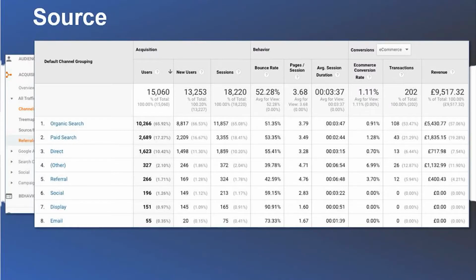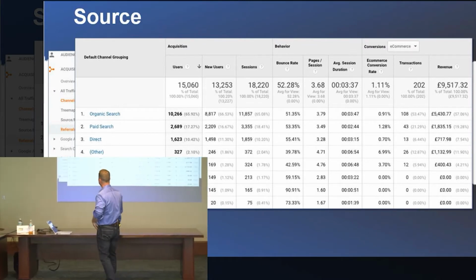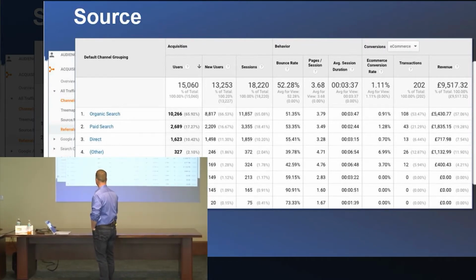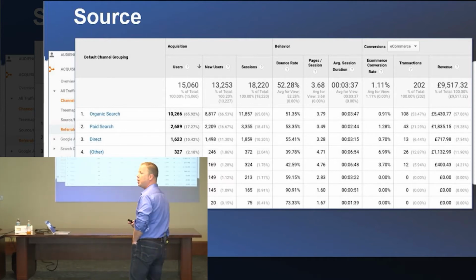Okay, source. This is where people came from. Source is organic search, paid search, direct. Other is if you're running campaigns that do not have tagging. That means if you're not using UTM codes to tag your campaigns properly, it shows up in other.